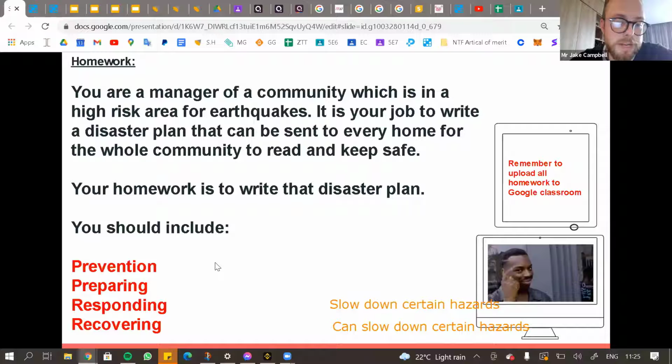Now, class, it's come to my attention that recovering has confused a few students. Recovering is how to make your community better again after the disaster. So do we need to rebuild? Do we need to write a different disaster plan for next time, make it better?